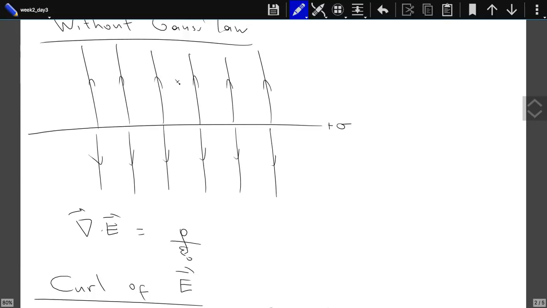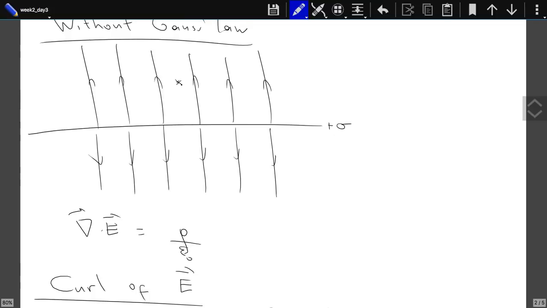But of course, if you draw a finite number of electric field lines, there won't be an electric field line passing through every point. So there will be gaps over here. Although there are gaps, you can still talk about the average density passing through a point. How do you define the density of electric field lines?